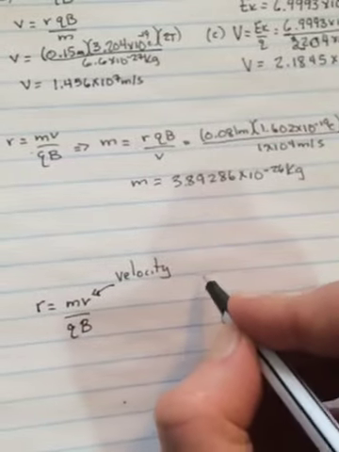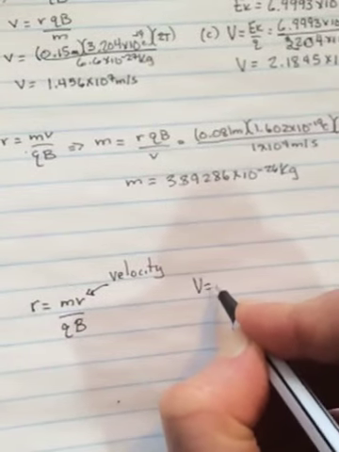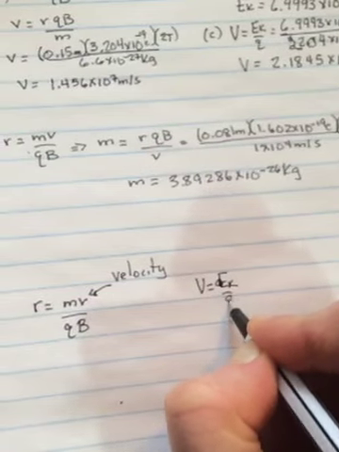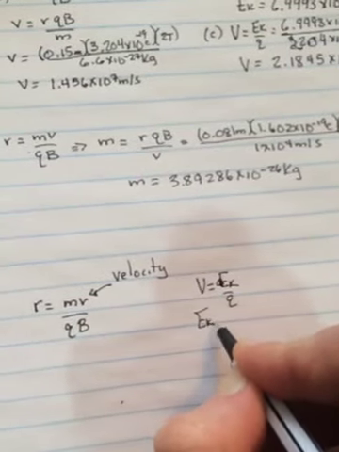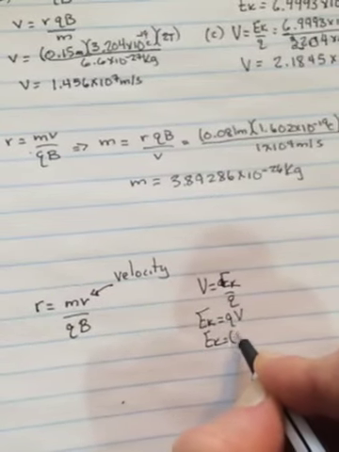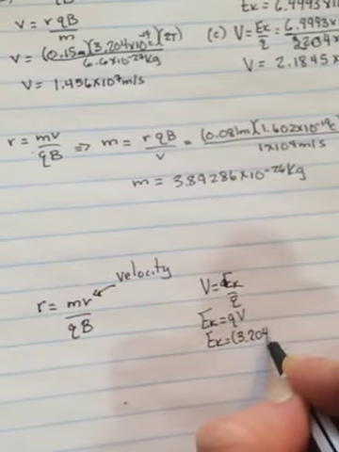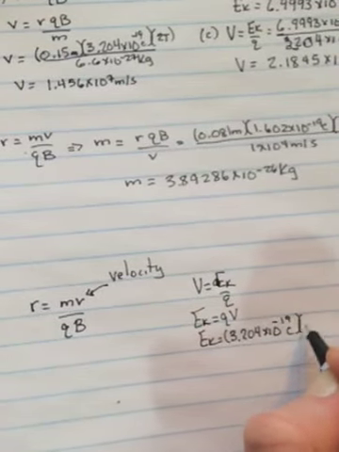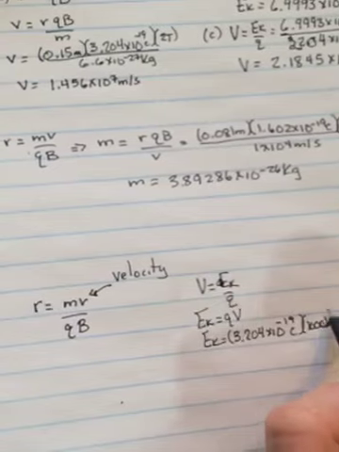Okay, so we're going to start with knowing that V is equal to EK over q, which means EK is equal to q times V. So EK is equal to that 3.204 times 10 to the negative 19 coulombs times 1,000 volts.